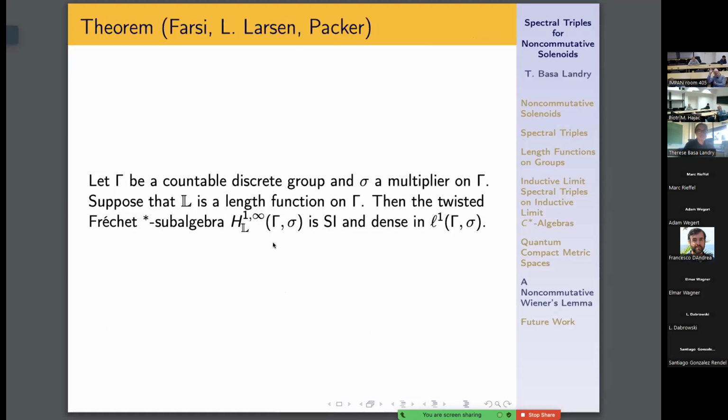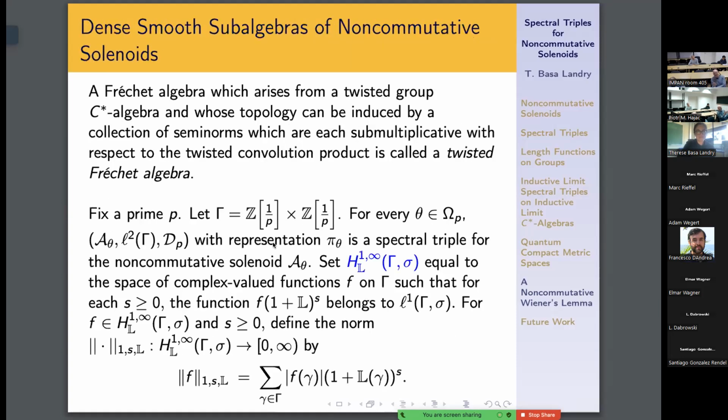I have a question. I would like to understand this space H1 infinity L better. Could we say that it's a kind of Fréchet version of the Sobolev space, in a sense? Yeah, it's kind of like a Sobolev space, in this context, and so we adapt.